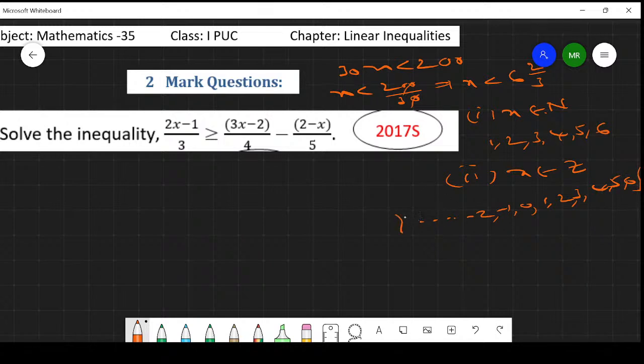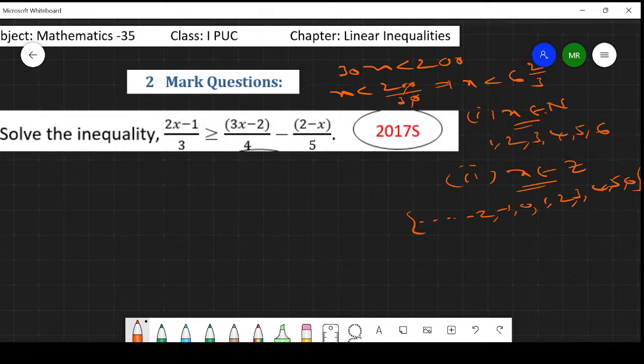This is the solution set when x is an integer, and so on to the left. Like this we get the solution minus 2, minus 1, 0, 1, 2, 3, 4, 5, 6. This is the solution when x is an integer.